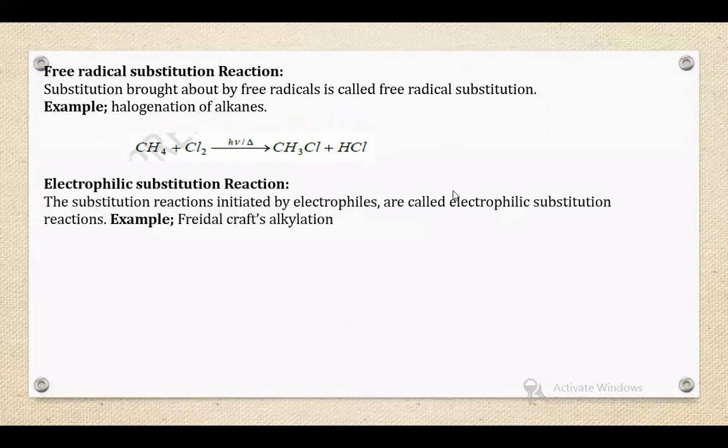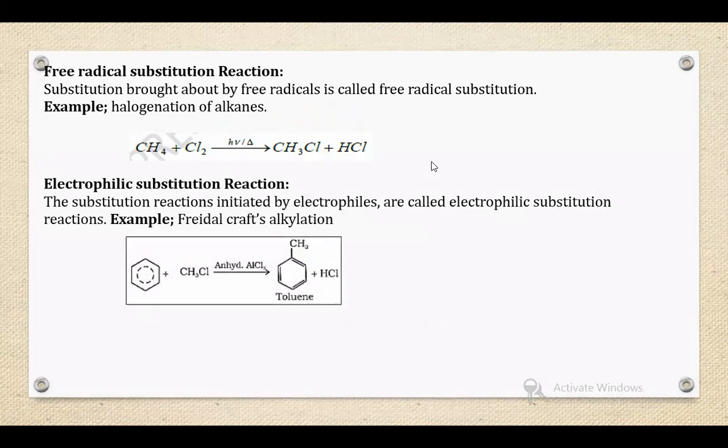Similarly, electrophilic substitution. In electrophilic substitution, the reaction is initiated by an electrophile, an electron-deficient group. Electron-deficient groups are called electrophiles. CH3Cl, methyl chloride, is electron deficient in presence of anhydrous aluminum chloride. Benzene is treated with methyl chloride in presence of anhydrous aluminum chloride, forming CH3 plus and Cl minus.